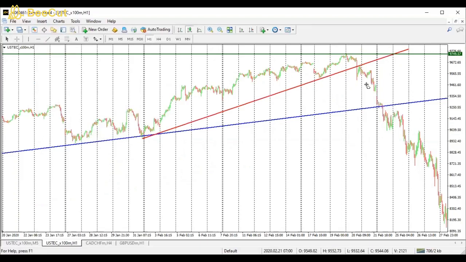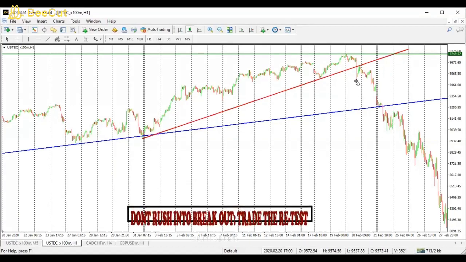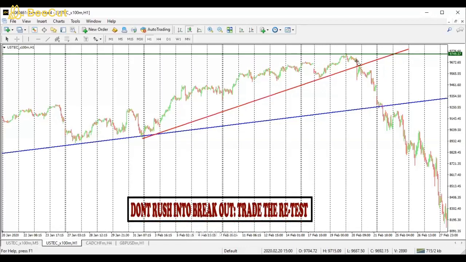When Nasdaq was at the resistance level, it fell down with strong power. You can see this candle is quite long. So most likely we would have missed this entry. In this case, we would have waited for Nasdaq to pull back to this trend line, the red trend line, which has been broken.